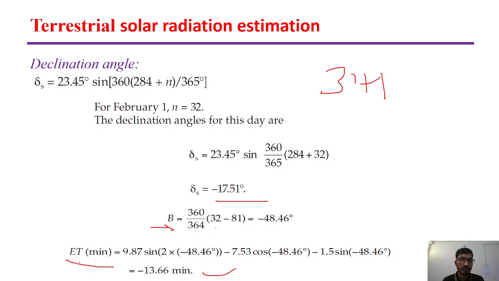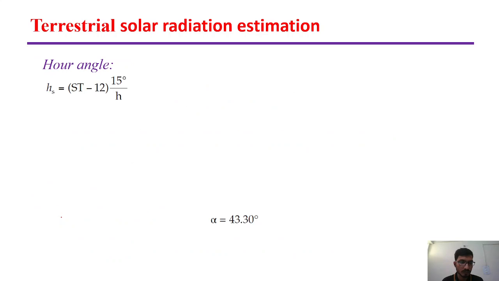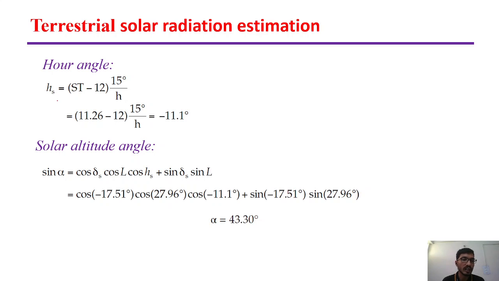Once we know the ET, we can now calculate the value for the ST. LST, the local standard time, is given as 12 hours. Once we know the value for the ST, we can then calculate the value for the hour angle.